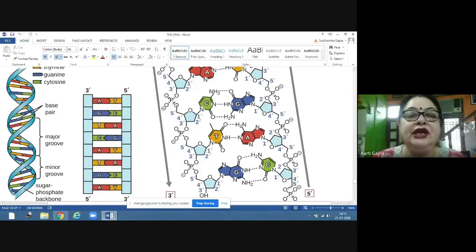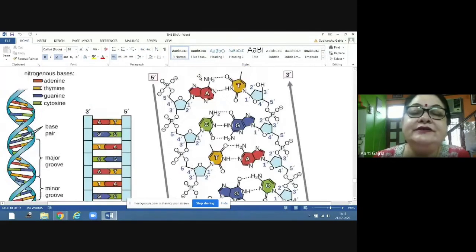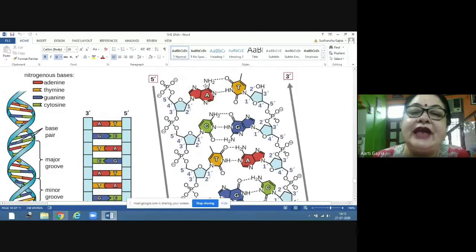At one side it is from the 3 carbon, and at the other side the 5th carbon. So 3rd and 5th carbon, and in between you will find the phosphate group. So this is phosphodiester bond. Now on 1 carbon of the pentose sugar, that is deoxyribose, you will find the nitrogenous base. Which nitrogenous base is this? Adenine.